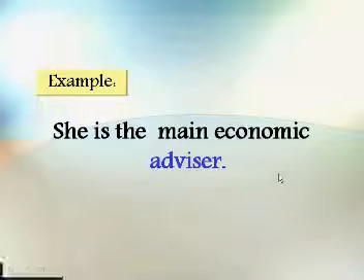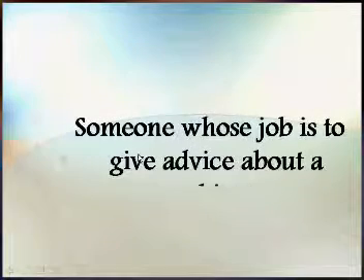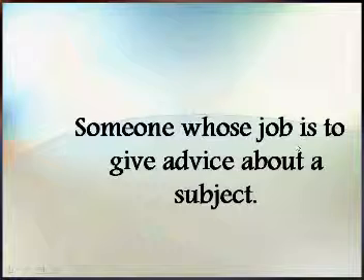What does that mean? And notice that the word advisor can be spelled with ER or OR at the end. Advisor, of course, someone whose job is to give advice about a subject. Someone whose job is to give advice about a subject.